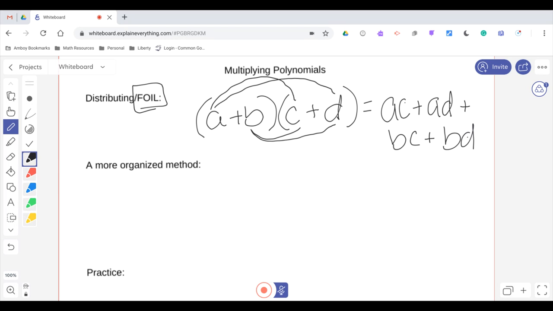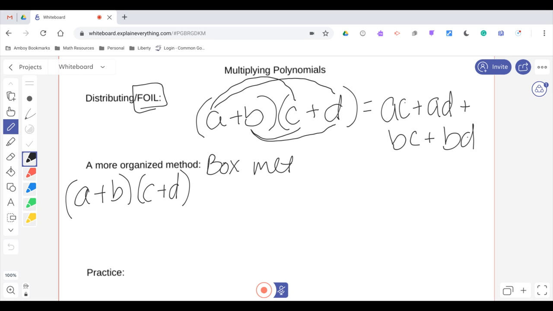So another method I want to show you, if you had A plus B times C plus D, I'm going to call the box method. It will be totally your preference which method you want to use. I'm going to turn this into a box.